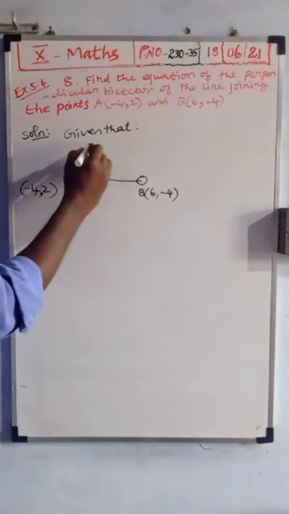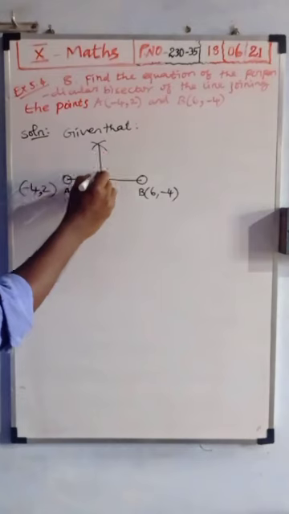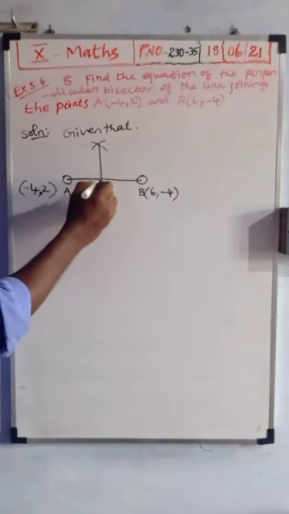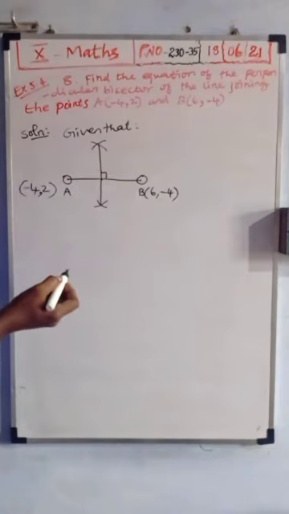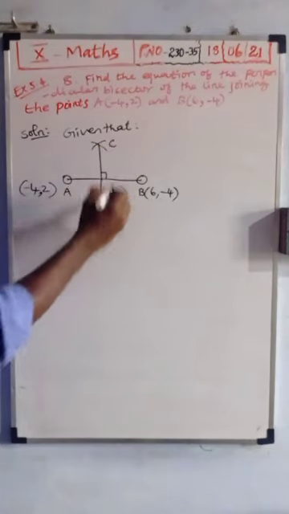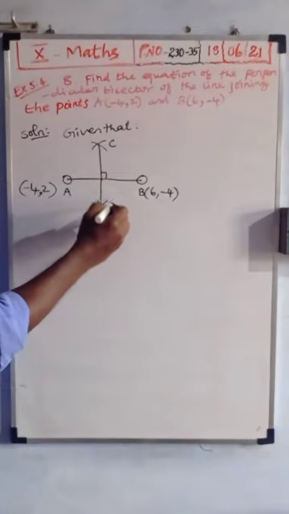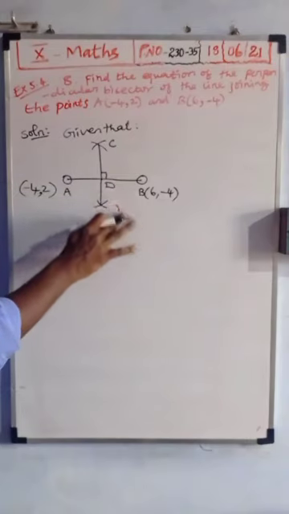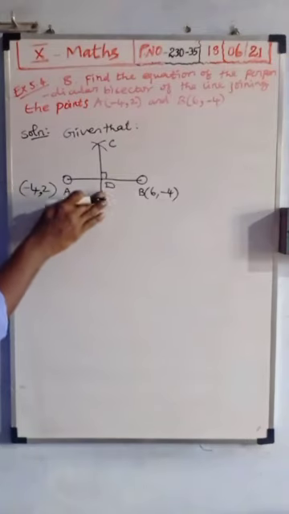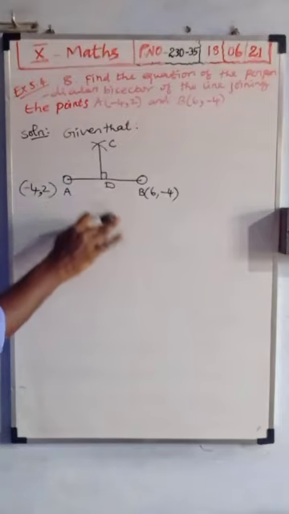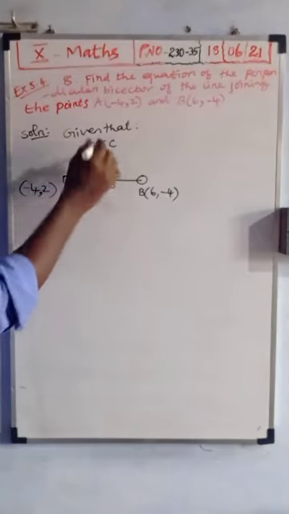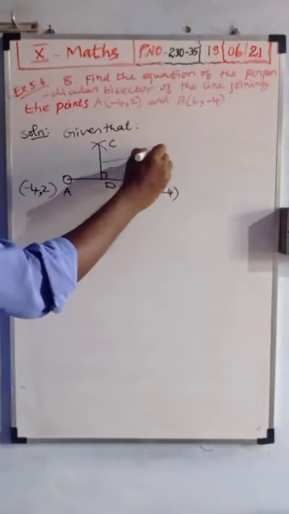See here, more than half of you will draw one perpendicular bisector like that. So this is the perpendicular bisector. You take this as C, this as D. On the perpendicular bisector you are drawing, up to that it is enough. Now the CD equation, this equation only we want to find.